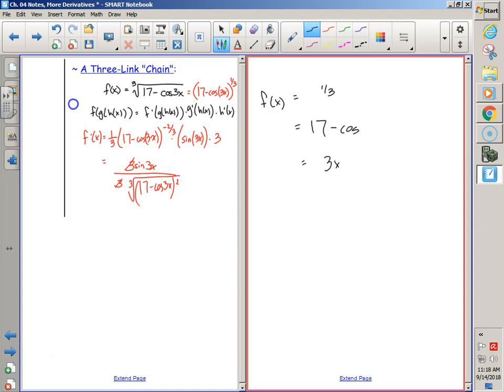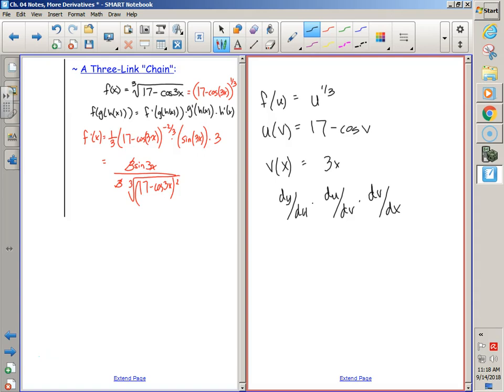So if f of u is u, if u of v is that, and if v of x is that, how would the chain rule derivative work? It'd be a dy du times a du dv times a dv dx.